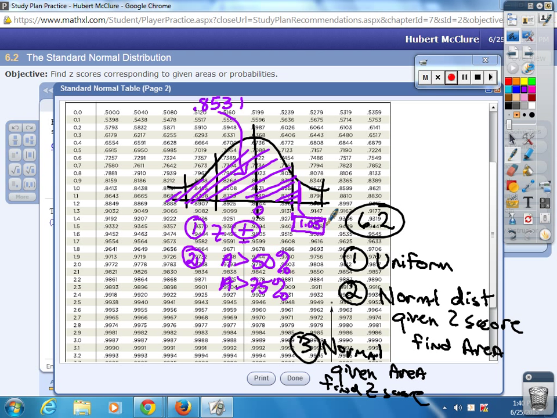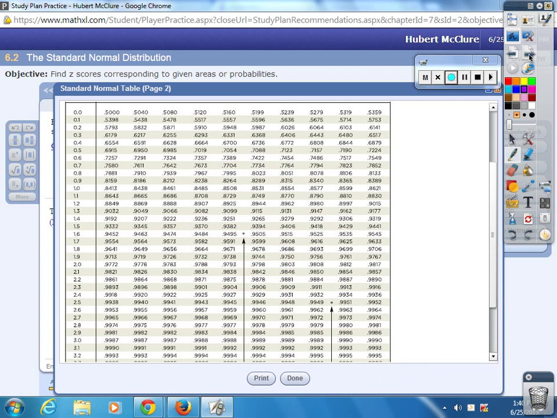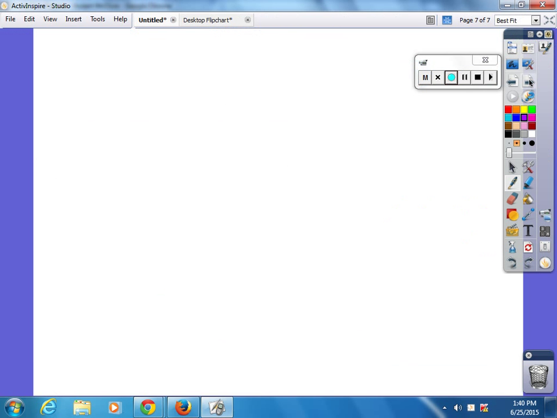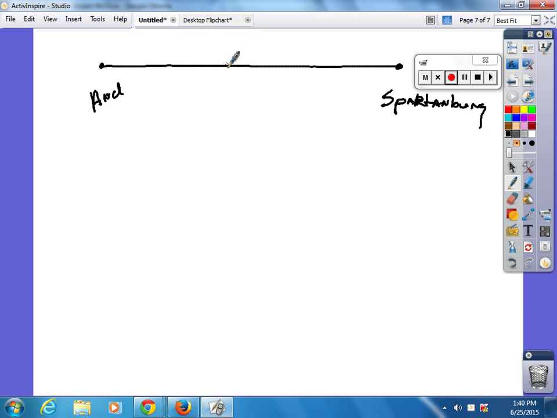All right, one more. Before I show you the next one, I want to ask you a question. Let's say we're in Anderson, and Anderson is right here. And there's Spartanburg. And in the middle is Greenville. And let's say that between Anderson and Greenville is 30 miles.